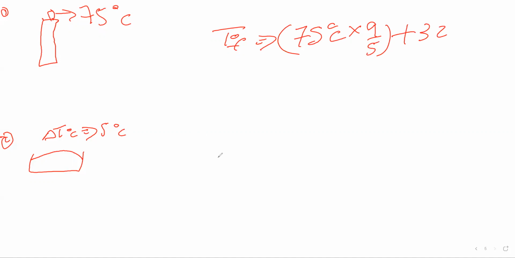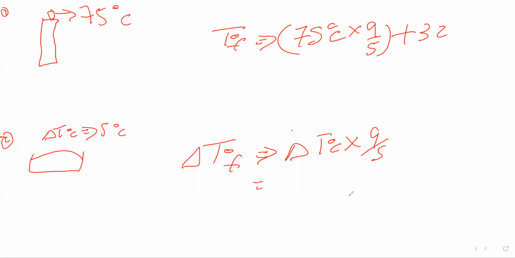And how would you find the temperature change in degrees Fahrenheit for this one? Since it's a temperature change, delta T, you're going to use the one without the 32. So temperature change in degrees Celsius times 9/5.